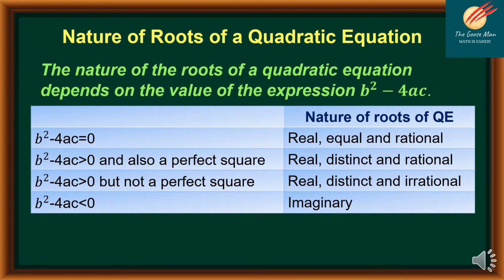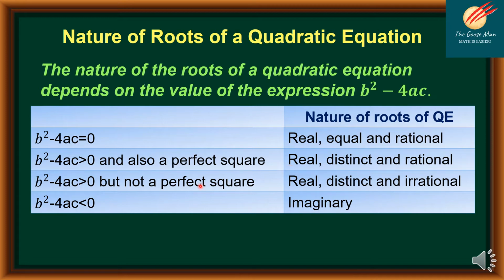So we can put this one in the tabular form, such that if b squared minus 4ac is equal to 0, the nature of the roots of the quadratic equation is real, equal, and rational. On the other hand, if b squared minus 4ac is greater than 0, and the result is a perfect square number such as 1, 4, 9, 16, and so on, the nature of the roots is real, distinct, and rational.